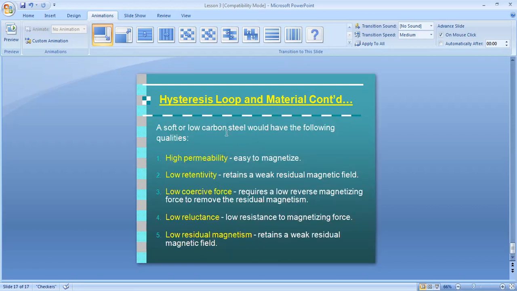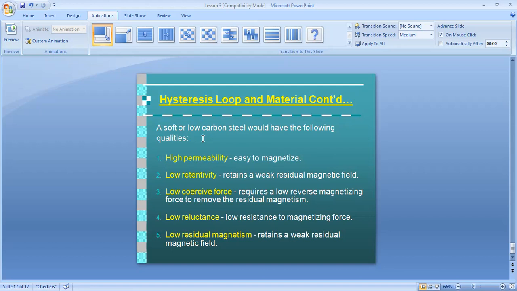So here, see, soft or low carbon steel material has high permeability, is easy to magnetize, has low retentivity, retains a weak residual magnetic field, and low coercive force. Means if retentivity is less, then the residual field is also less, and if the residual field is less, then less reverse magnetizing force is required.